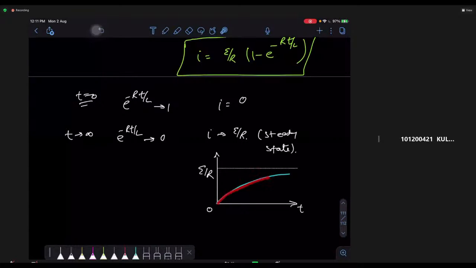Regarding the exponential, I told you, it is a function that changes by a constant percentage every fixed interval of time. And this fixed time interval we call the time constant.